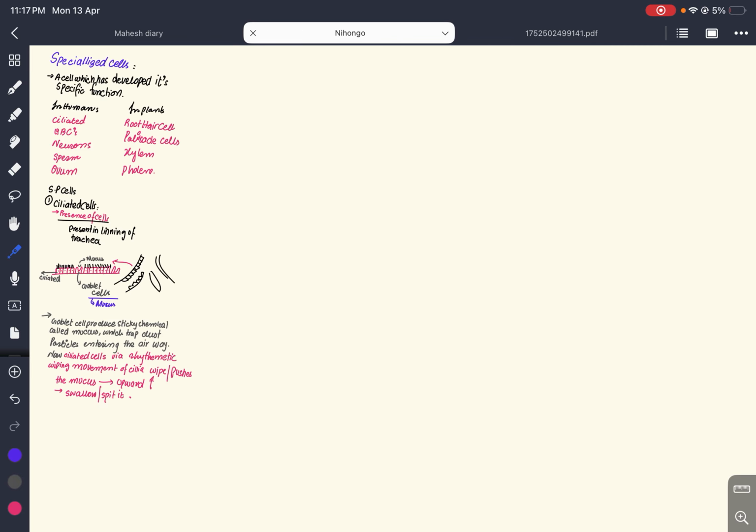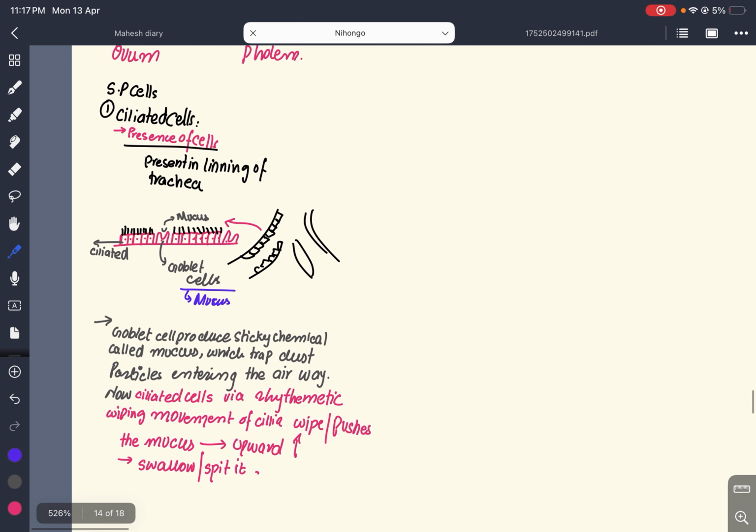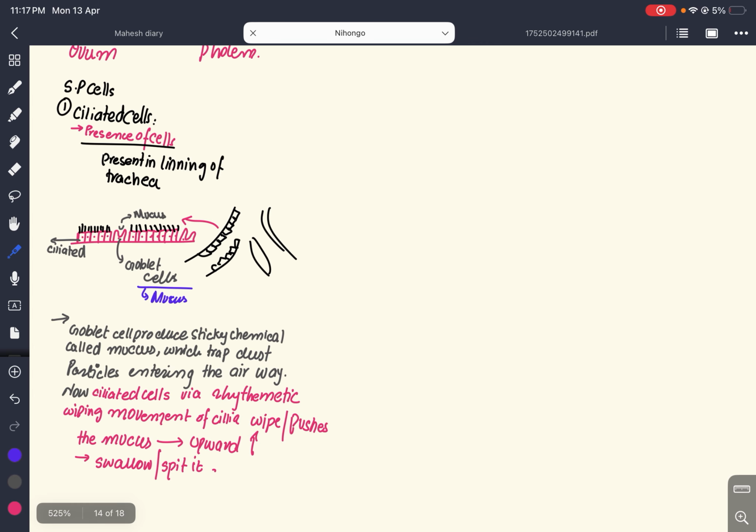And today we're back with another video, and we'll continue where we left off, which was the specialized cells. We had covered the ciliated cells. We discussed the role of the goblet cells, which was mainly to produce a chemical called mucus, right?